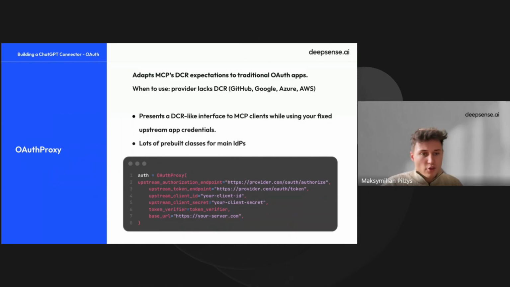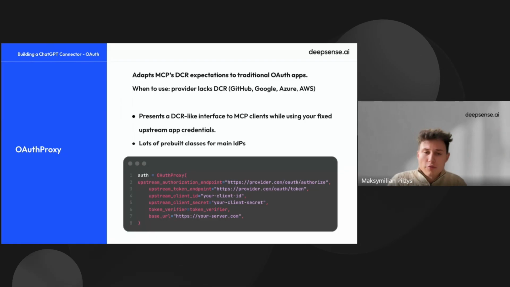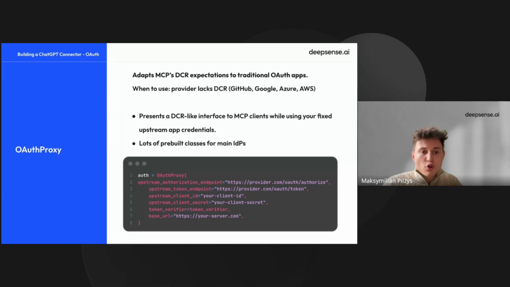What is also worth mentioning is that many known providers, such as Google, Azure, and GitHub, don't provide DCR. FastMCP has a lot of built-in classes for main identity providers, so it's going to cover most of your cases, but for more complex ones, like, for example, Salesforce, you're going to need to use the base classes to implement it yourself.